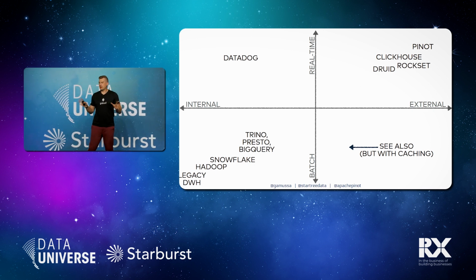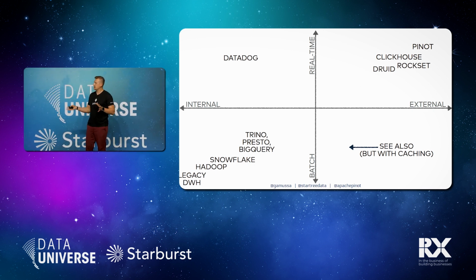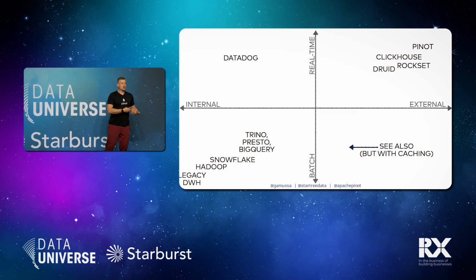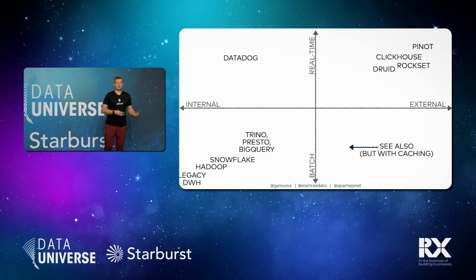Also, there are plenty of different tools that support different use cases. And Apache Pinot lives in the world of real-time and external. So you're building solutions based on data that arrives in real time, but you also ship this as application features. You're not shipping them as PDFs.